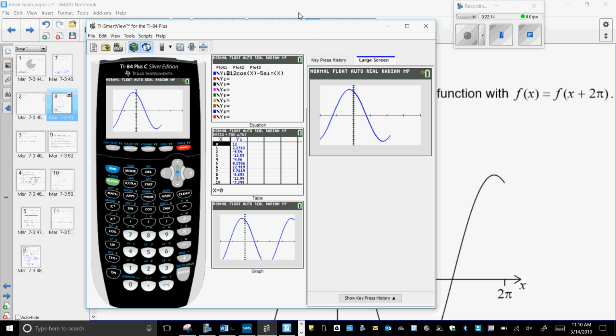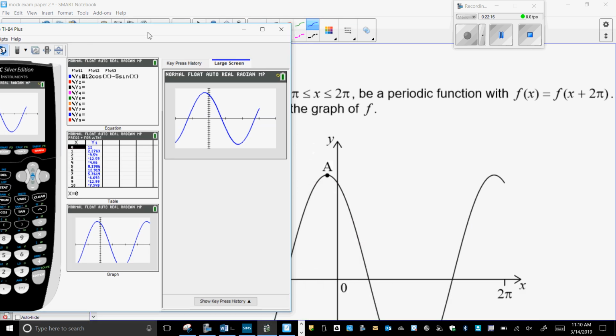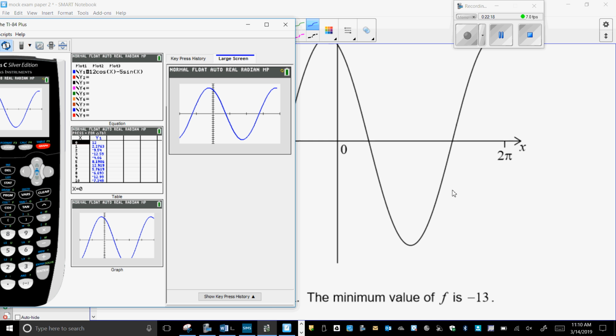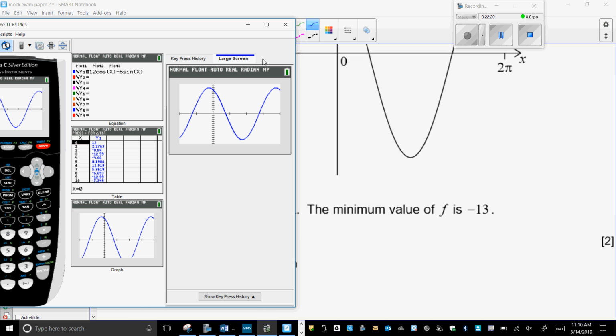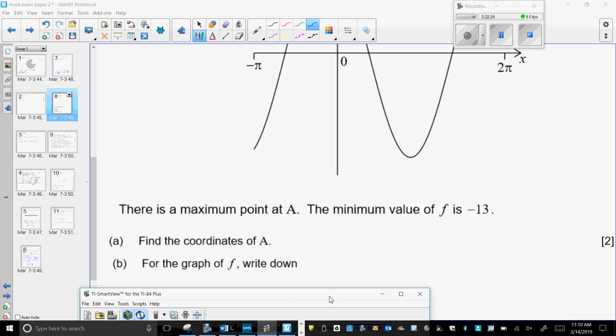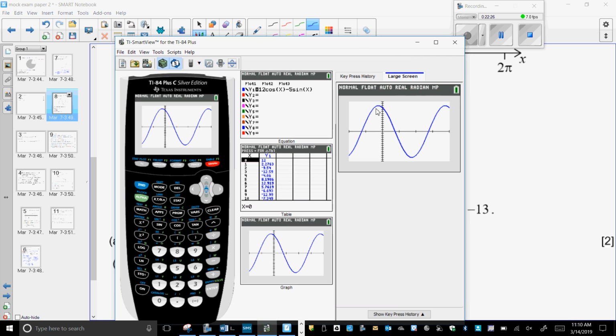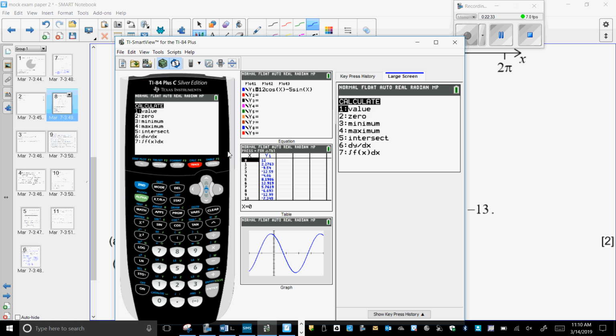Alright, okay, we're good to go. Oh, they've told us the minimum value in Miss Harrison. Seriously. So the coordinates of A, so we're just trying to find this point here. So let's do calculate max. It's probably the best way of doing it.